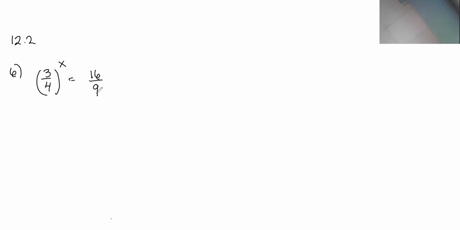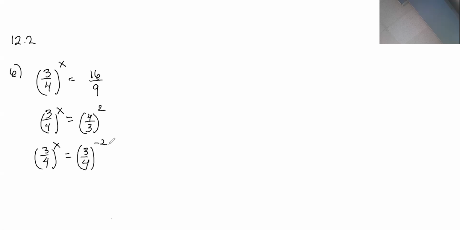Okay, I'm going to get them to have the same base. (3/4) to the x, I'm going to leave. And 16/9, the best I can do is (4/3) squared. It's not exactly the same base, but would you agree that (4/3) squared is indeed 16/9? Okay, so then I'm going to change the 4/3 to 3/4, which would make a negative exponent.